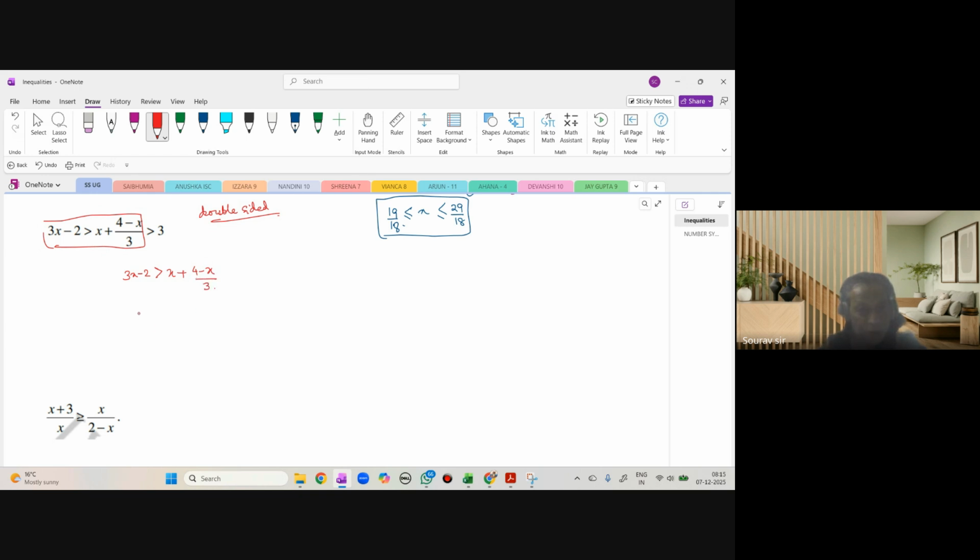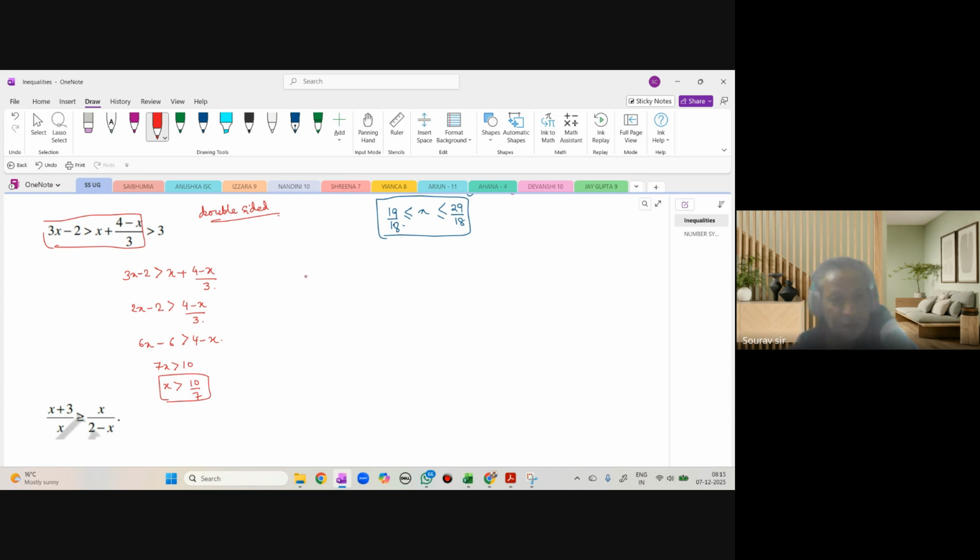So put the x to this side. 3x minus x will give you 2x minus 2 is greater than 4 minus x by 3, or 6x minus 6 greater than 4 minus x, or 7x greater than 10, or x greater than 10 by 7. So this is from one side.